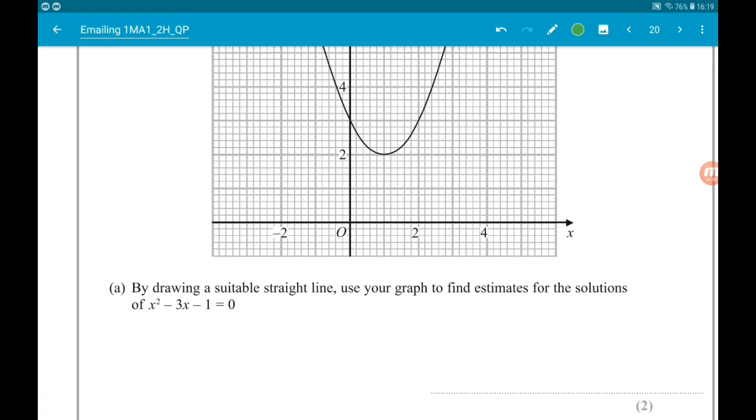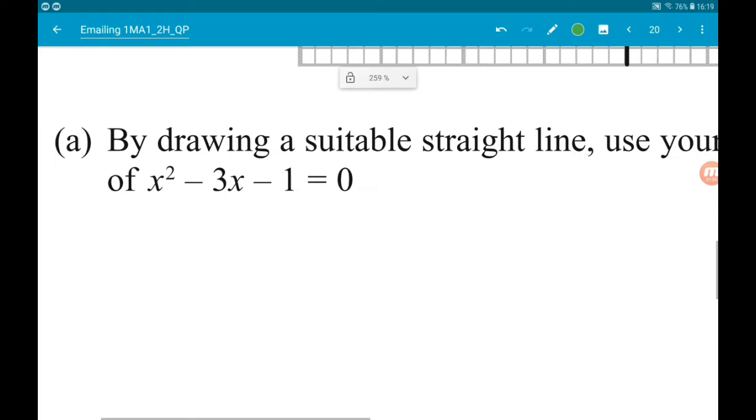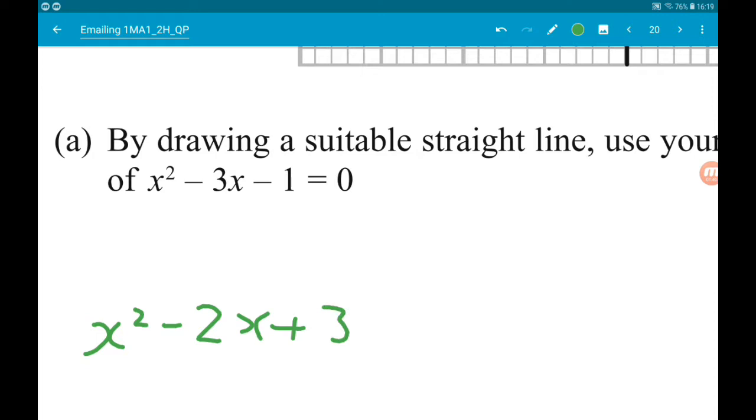So, again, we want to turn x squared minus 3x minus 1 into x squared minus 2x add 3. So how are we going to do that?